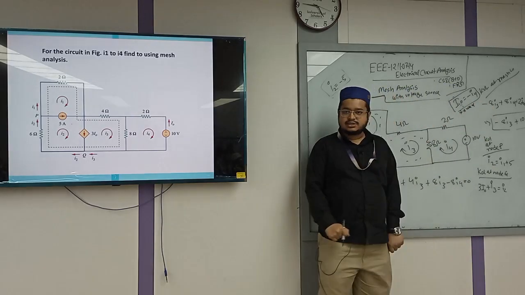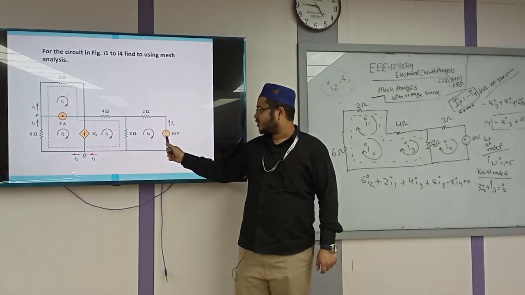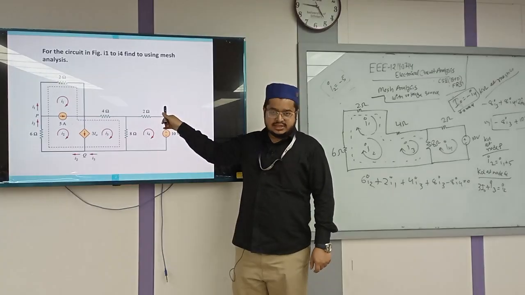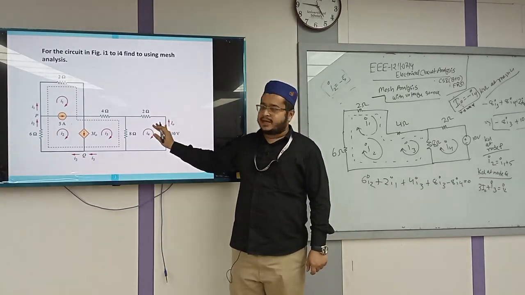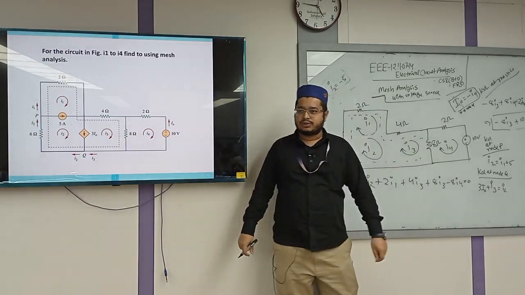I4 is flowing in this direction and I not is flowing this direction, both values are same but opposite direction, so I can say I0 equals to minus I4.